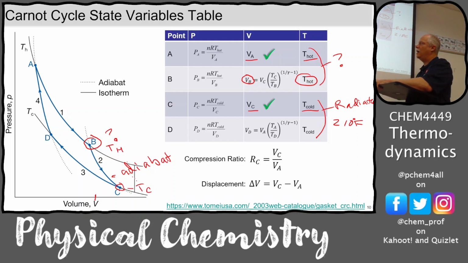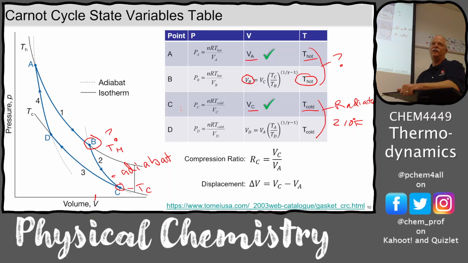So I know T hot, I know T cold, and I know VC. So I've got 3 of my 4 variables. So up here I've got the temperature at C and the temperature at B to the 1 over gamma minus 1 times VC. It's connected to point C with an adiabat.